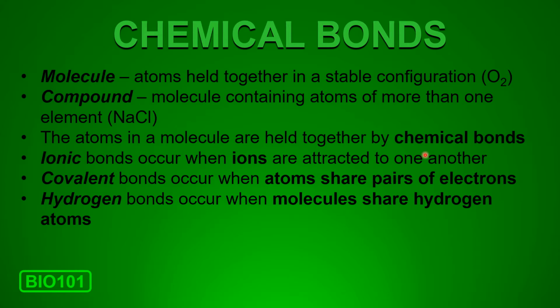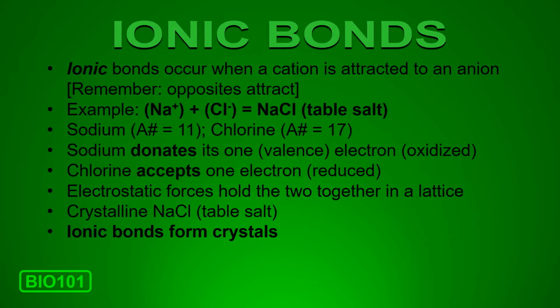So that would be like the sodium ion with its 1 plus charge and the chlorine ion with its -1 charge. Opposites attract, so they are attracted together. That's an ionic bond. Covalent bonds occur when atoms share pairs of electrons. And we'll see covalent bonds with regard to water. And hydrogen bonds occur when molecules share hydrogen atoms, and that is also important as we look at water.